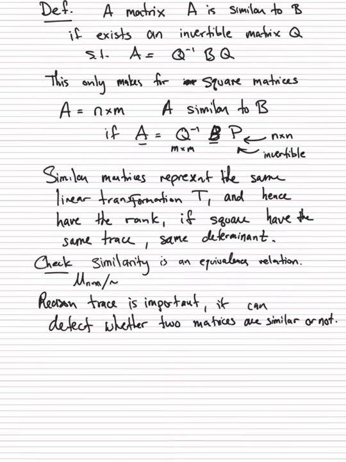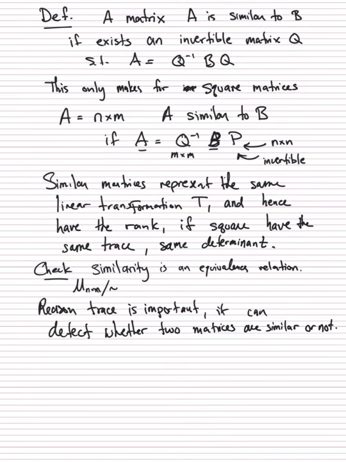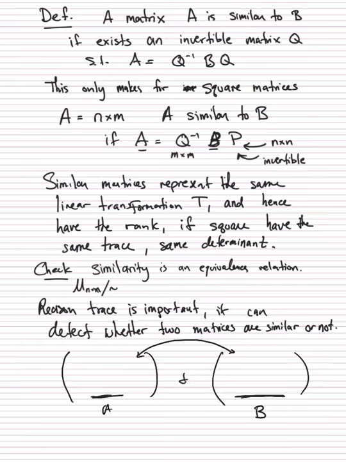So now you can imagine when you're doing work with matrices, if you have some complicated matrices A and B, you would like to know some invariants so that you can distinguish if they're actually just representing the same linear transformation, but maybe B is doing it in a super complicated basis. So it looks quite complicated, but it's actually in another basis quite simple.